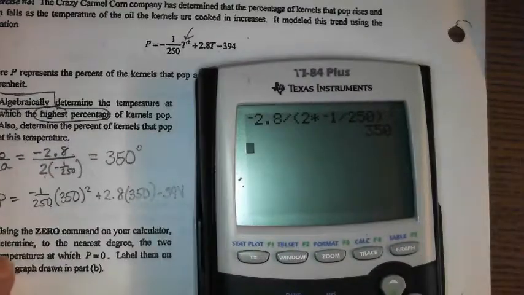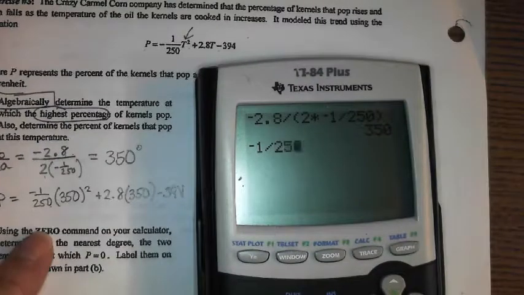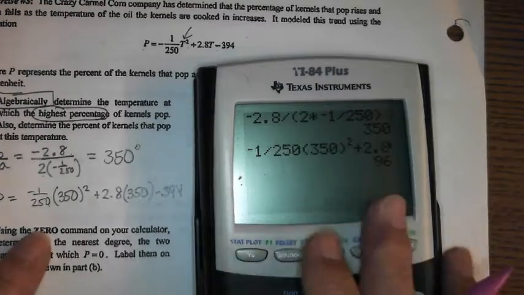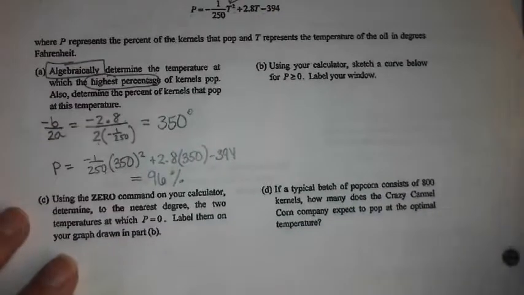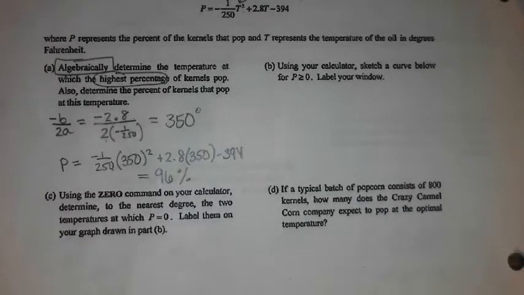And when I type all that in, you can just watch me do this, I get 96. So 96% of the kernels are popped at a 350 degree temperature.